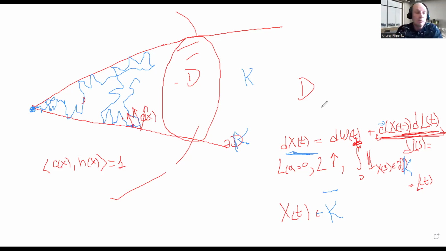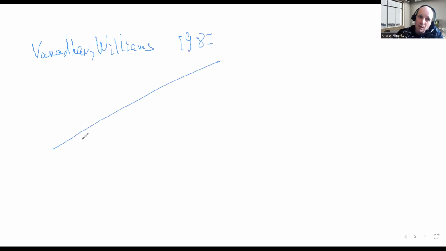The first result on this topic was obtained by Varadhan and Williams in 1987. They considered the two-dimensional case, so we have just a wedge, a two-dimensional wedge.